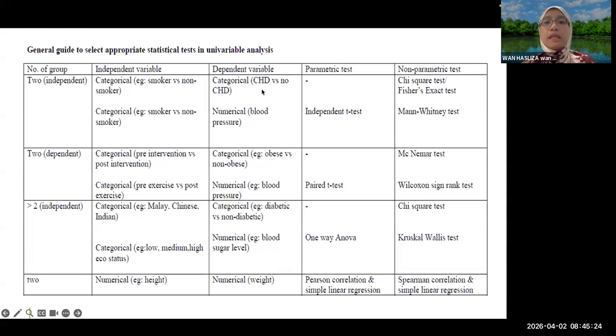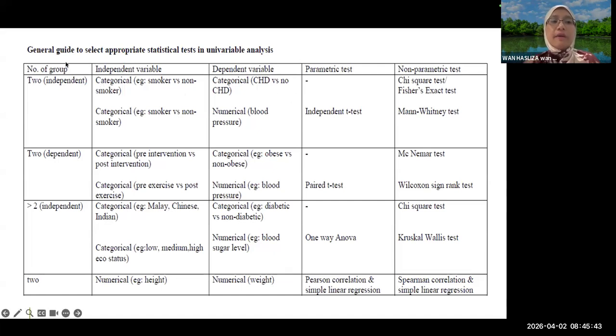And dependent is the outcome, what you want to measure, what you want to look at. Of course, we have parametric, meaning it follows a normal distribution, and non-parametric, meaning a non-normal distribution.